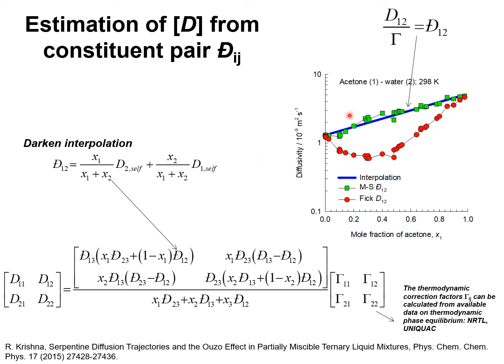For example, experimental data on the Fick diffusivities for the system acetone water are shown by the red circles.